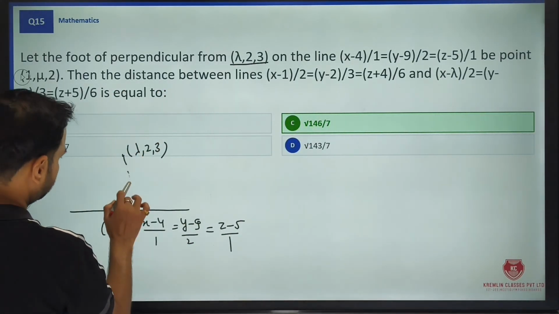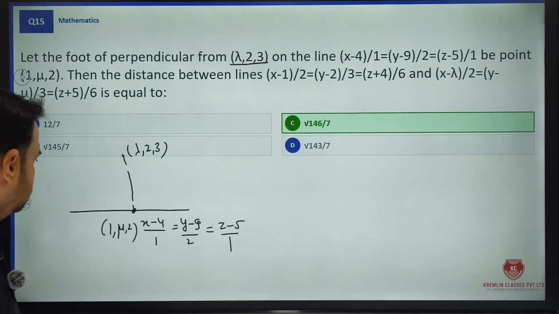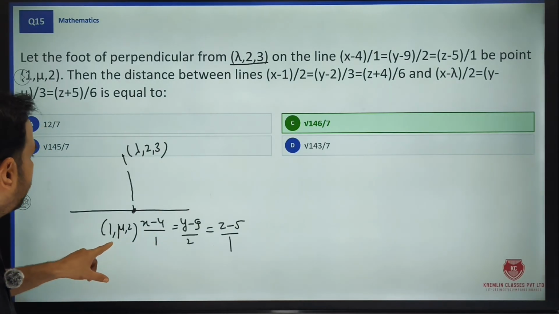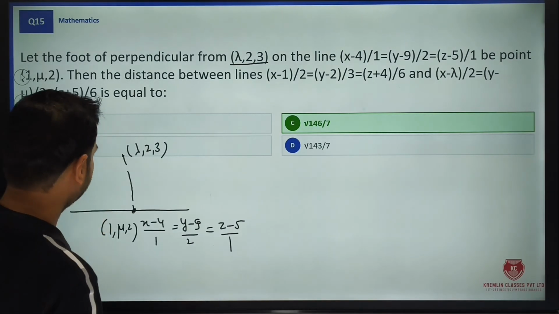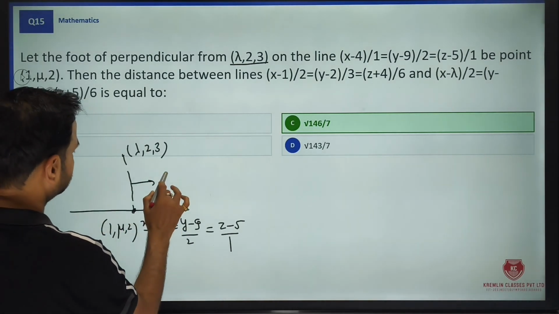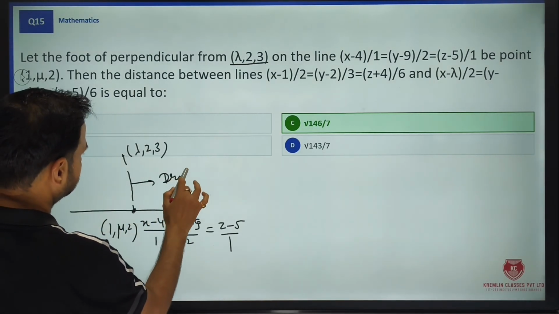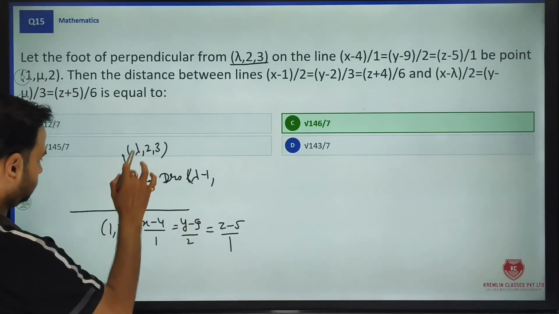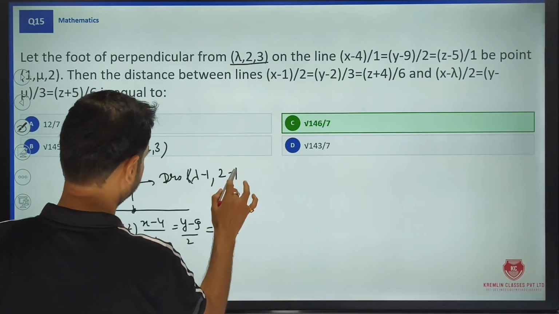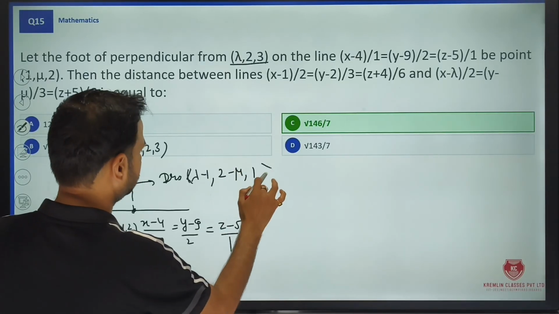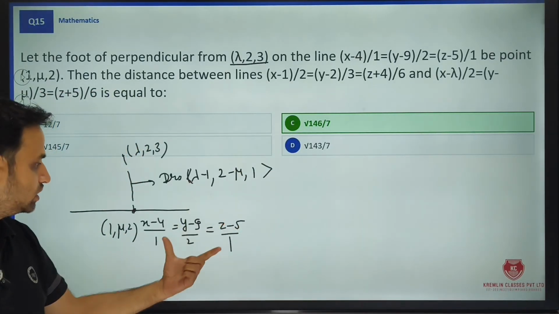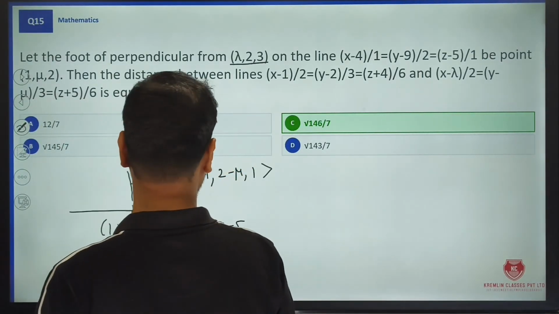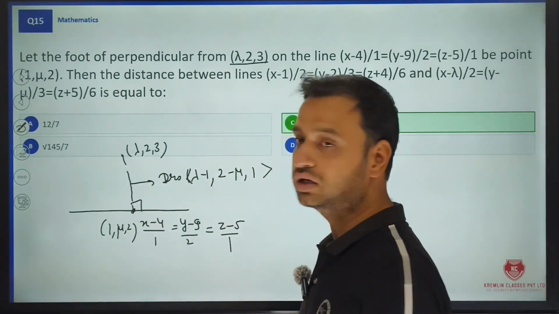Basically this point satisfies this line, and we have to find the DRs of this line first. The DRs are lambda minus 1, 2 minus nu, 1. When these DRs are multiplied with the DRs of the given line, we will get 0 because these two lines are perpendicular.